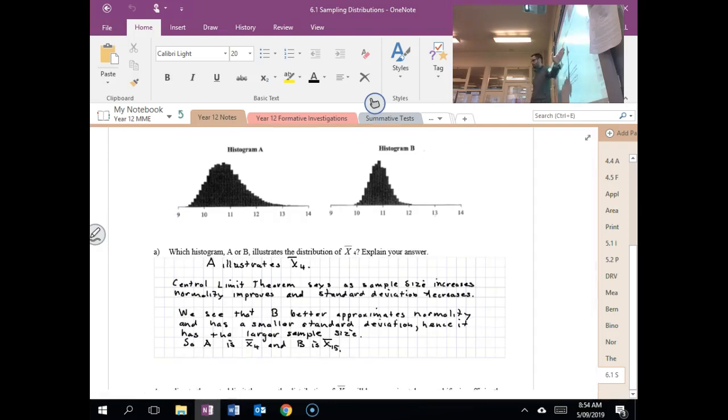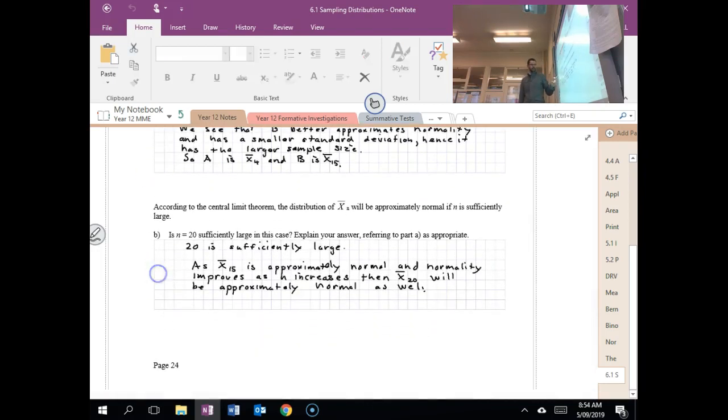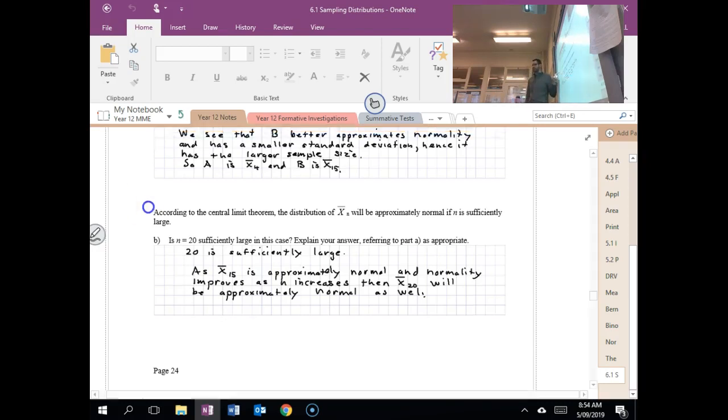And we see that this one must be x bar 15 for two reasons. Firstly, it's a better approximation to normality. Secondly, it's got a smaller standard deviation. And then it says, is n equal to 20 sufficiently large in this case? So this is the point that I was making where we don't just use n greater than or equal to 30. This is definitely less than 30.